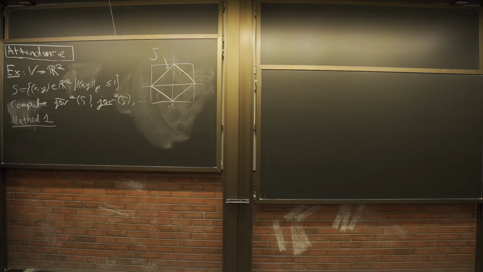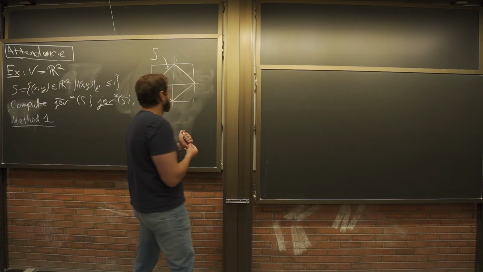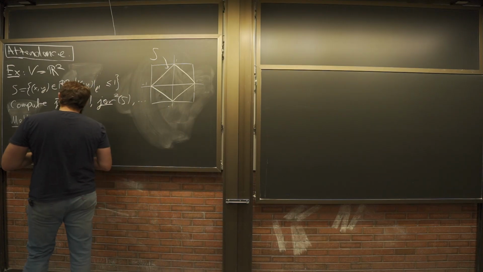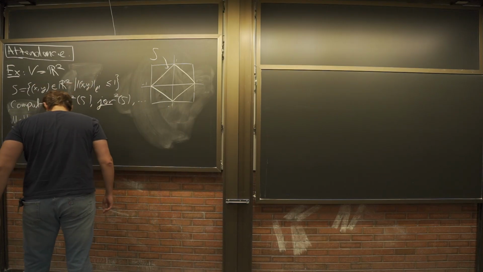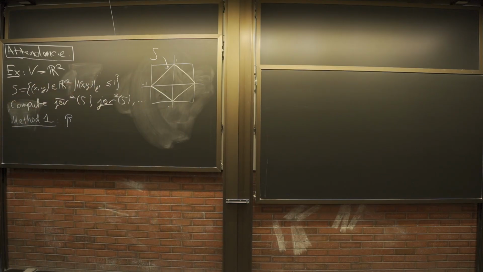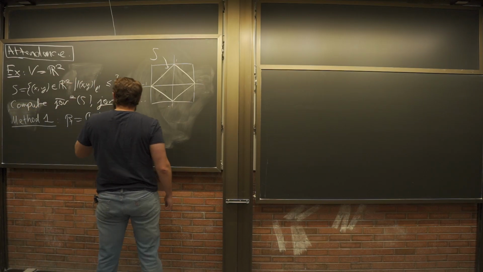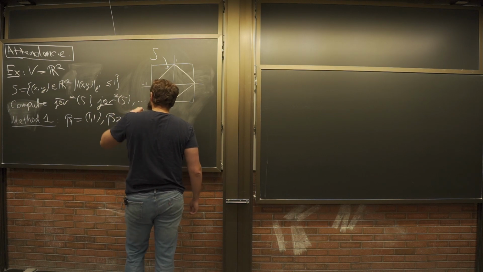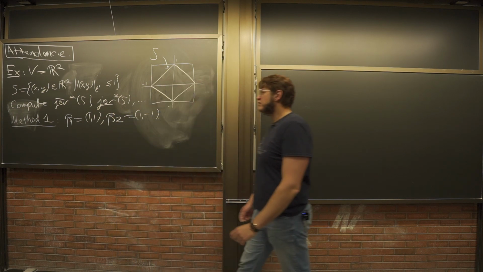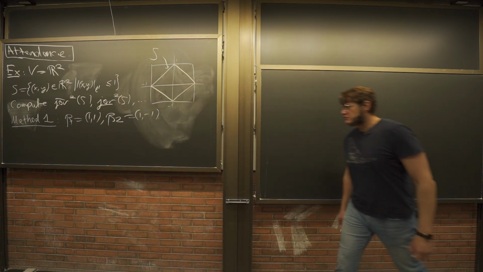Method one is to realize that this set is really an aligned box relative to some basis. And so if I were to define, for instance, beta 1 to be (1, 1) and beta 2 to be (1, -1), that's a basis, right?